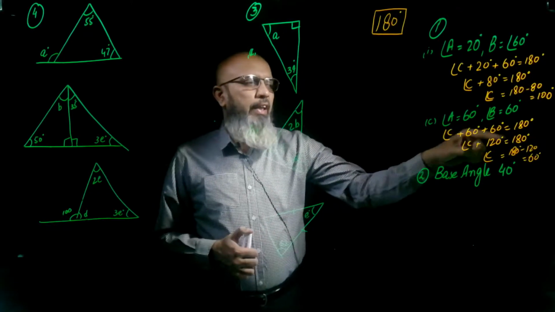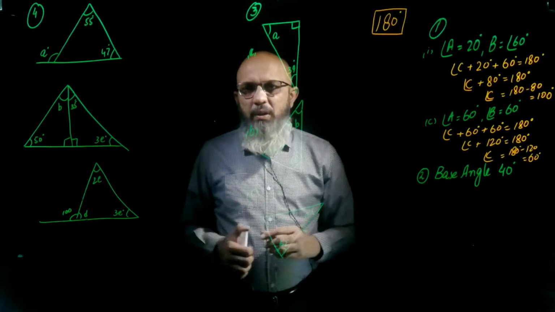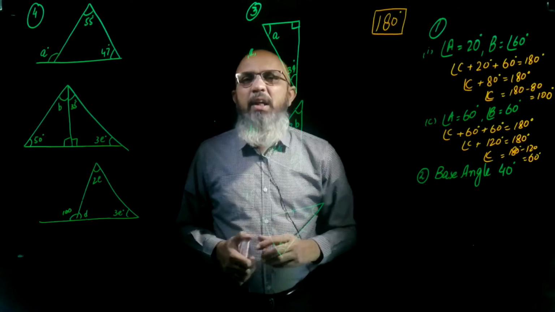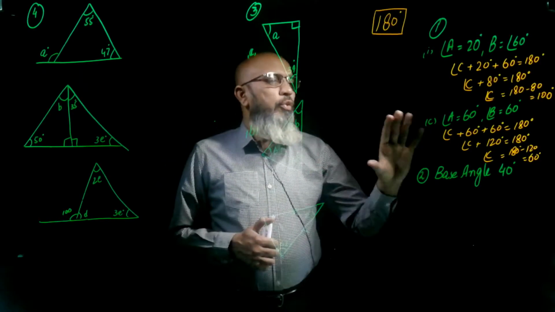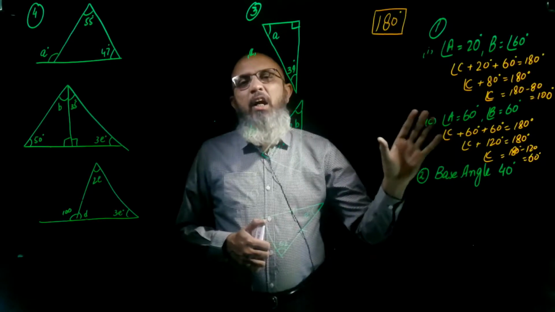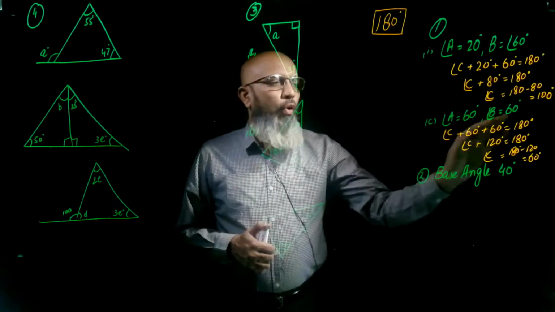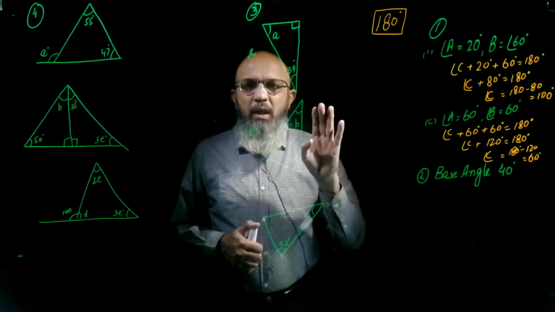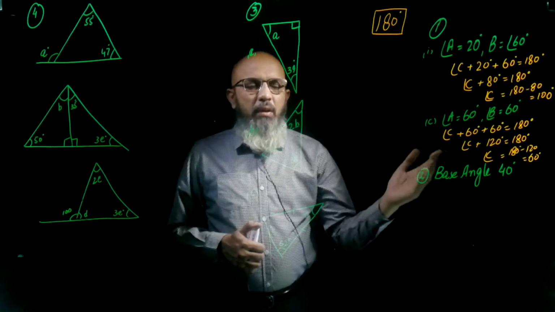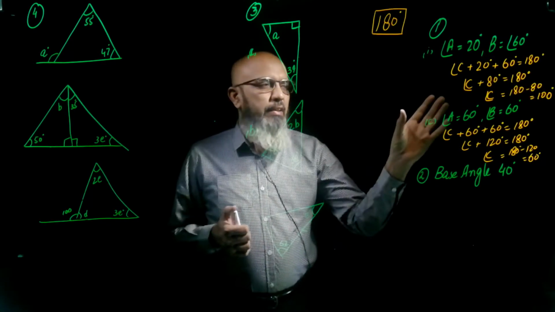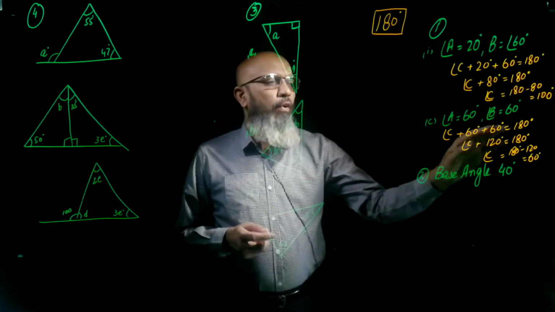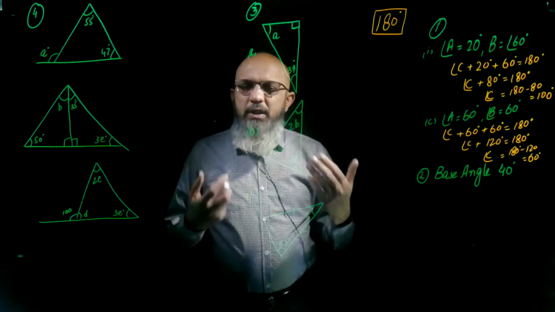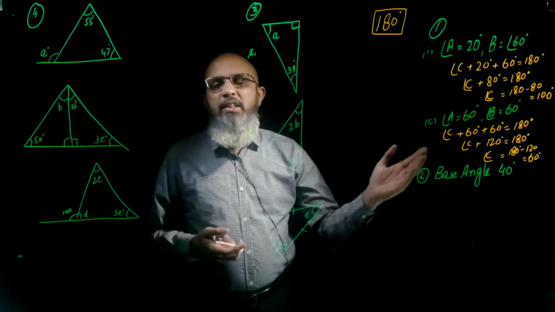So all 3 angles are the same. So what type of triangle is this? That is an equilateral triangle. Or you can say this is an acute angle triangle, because all 3 angles are acute angles. So it confirms both conditions. If you look at the angles, then it is an acute angle triangle. If all 3 angles are the same, it means all 3 sides are also the same.